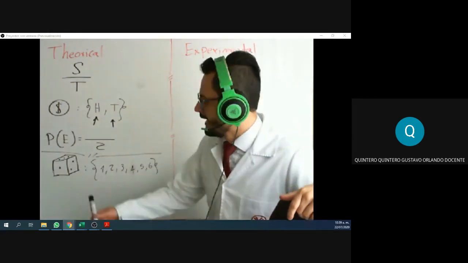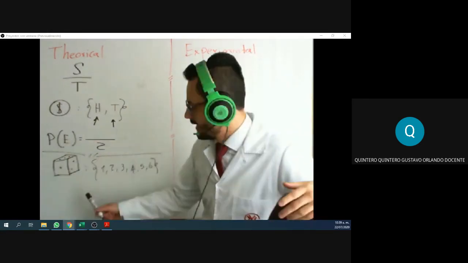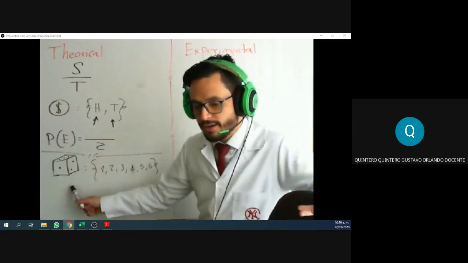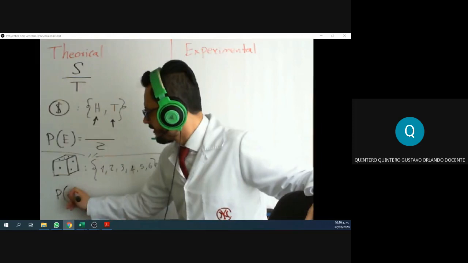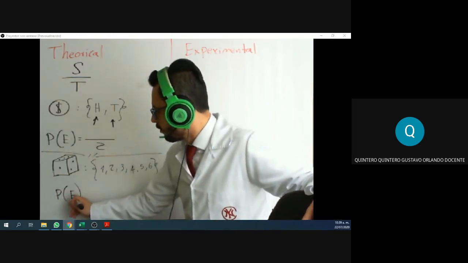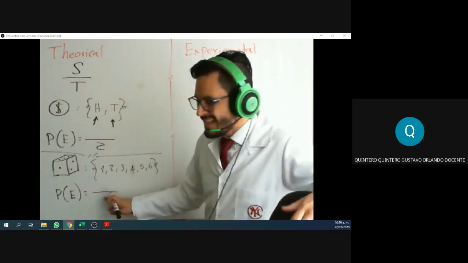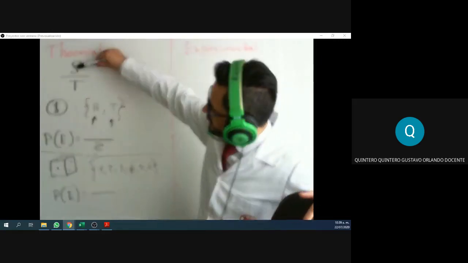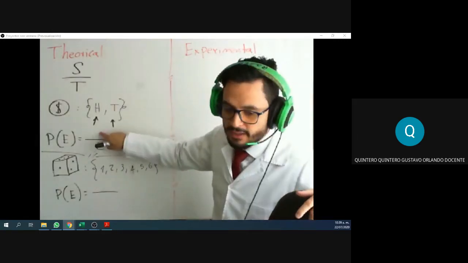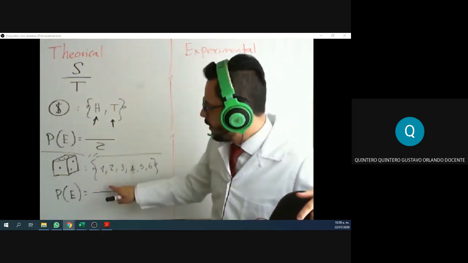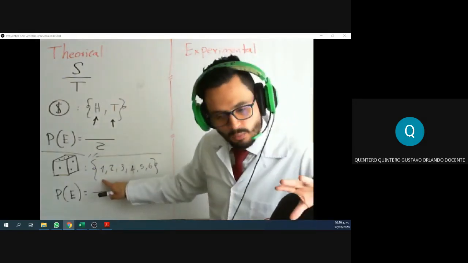So again, if I want to calculate some probabilities in this other experiment, I would do the same. The probability of that event will be something over the total. Again, success over total. Now, I am not filling in the success in here, and I will not fill in the success in here. I'll explain why in a minute.